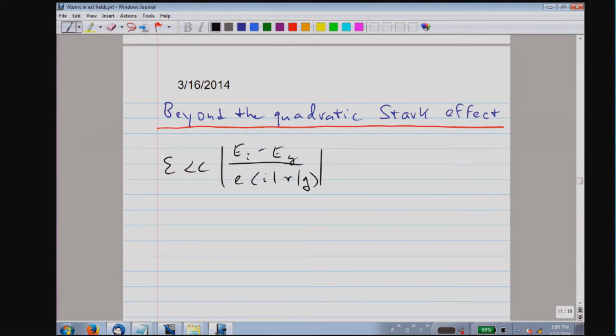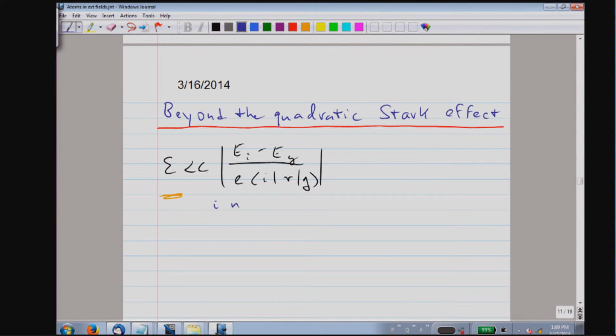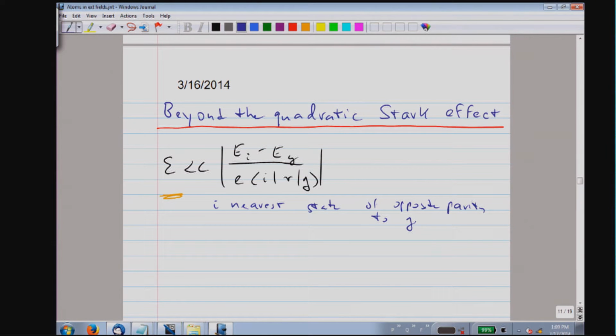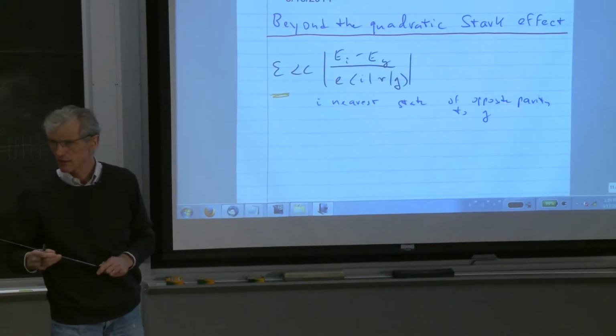So usually when we estimate the validity of perturbation theory, we look for the state which is closest to the ground state, for which the energy denominator is smallest. So therefore, I here is the nearest state, but, and this is important, of opposite parity. Otherwise, because of the parity selection rule, the matrix element would be 0 and the electric field does nothing.